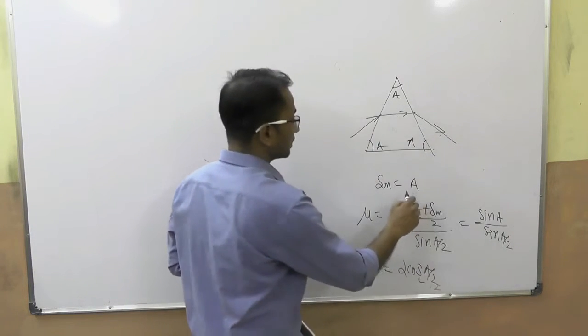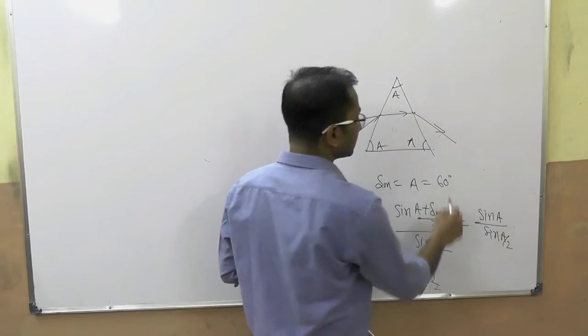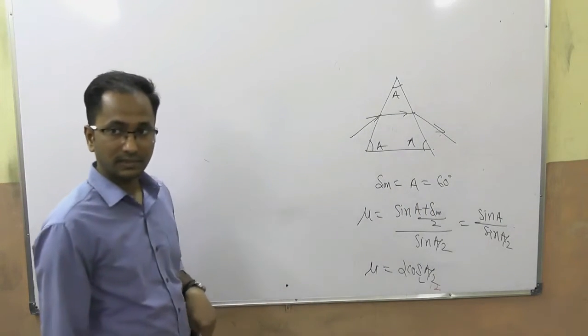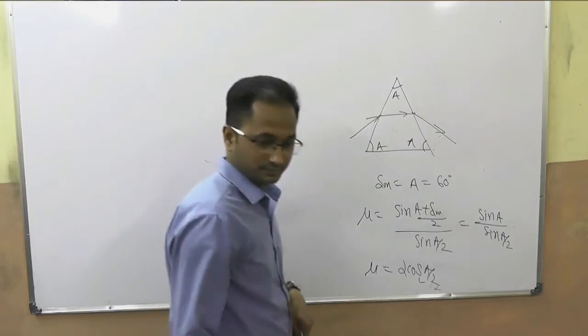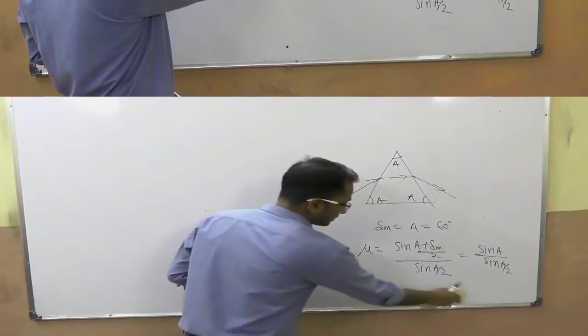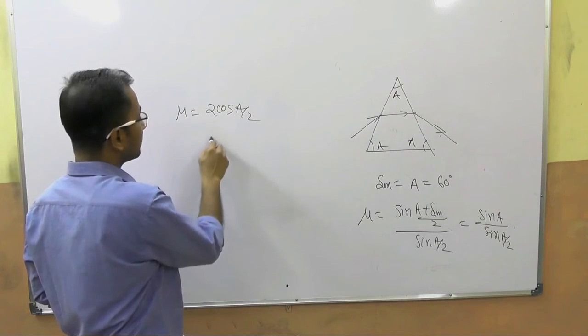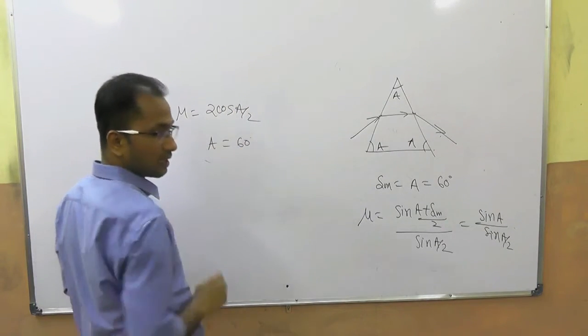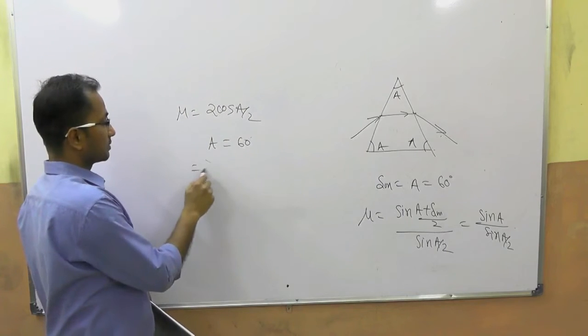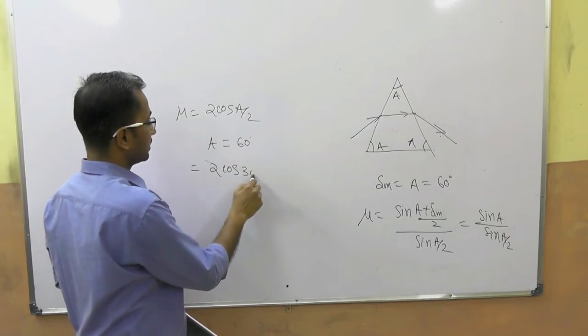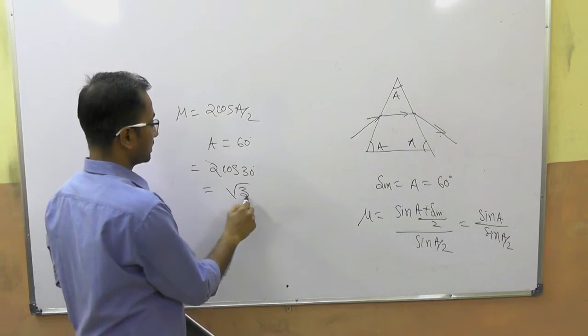A is given, since this is an equilateral prism, so A is 60 degrees. 2 cos 30 degrees becomes root 3.